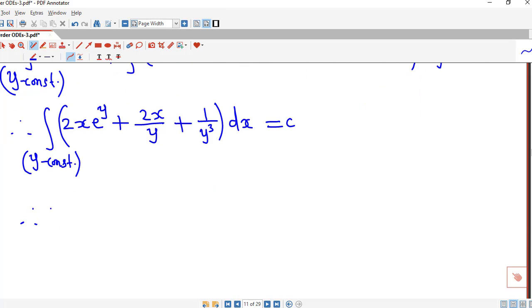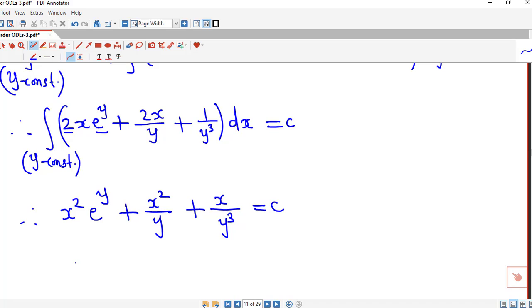So here 2 e raised to y is constant, integral of x is x square by 2. So 2 will cancel out and we have x square e raised to y. Here also 2 over y is constant, integral of x is x square by 2. So 2 will cancel out and we have x square by y. Here 1 over y cube is constant, so the integral of dx is x, equal to c, where c is an arbitrary constant.